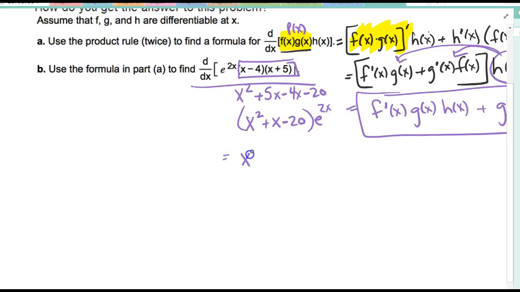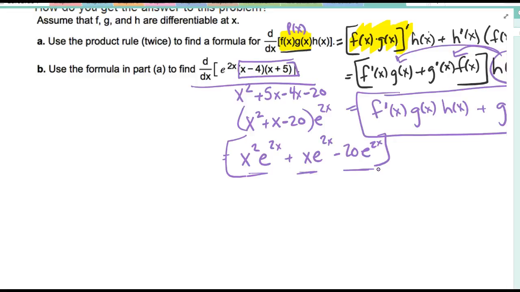Going forth, you could have x squared times e to the 2x plus x times e to the 2x minus 20 times e to the 2x. And then you can differentiate this term by term, where this is a product rule, this is a product rule, and this is a simple chain rule.